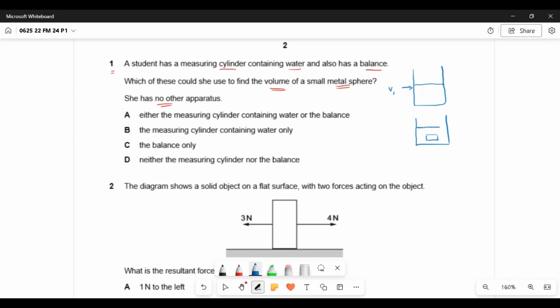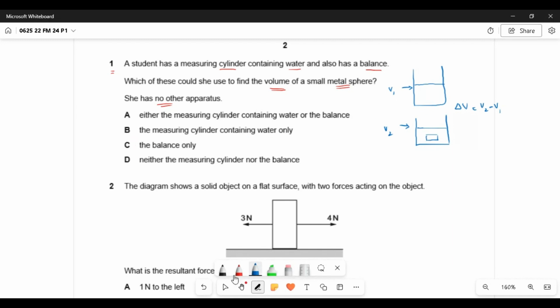Once we have a new volume, this one is V2, the change in the volume will be final volume V2 minus initial volume V1. So for finding the volume, we need a cylinder with water with the metal piece.